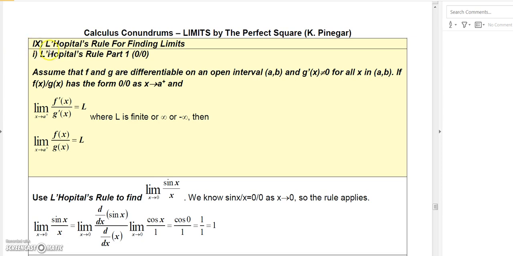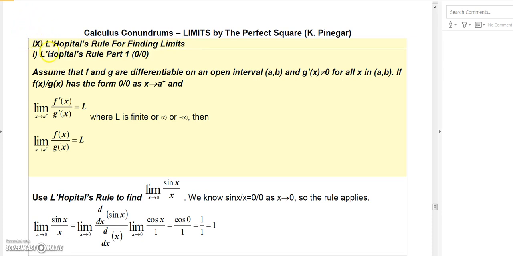So this is usually taught toward the end of a Calculus 1 course, and it's probably not even mentioned in a business calculus course. So just be aware that in order to use this rule, you need to know how to find derivatives. If you don't, then just bookmark this video and come back to it after you learn how to find derivatives.